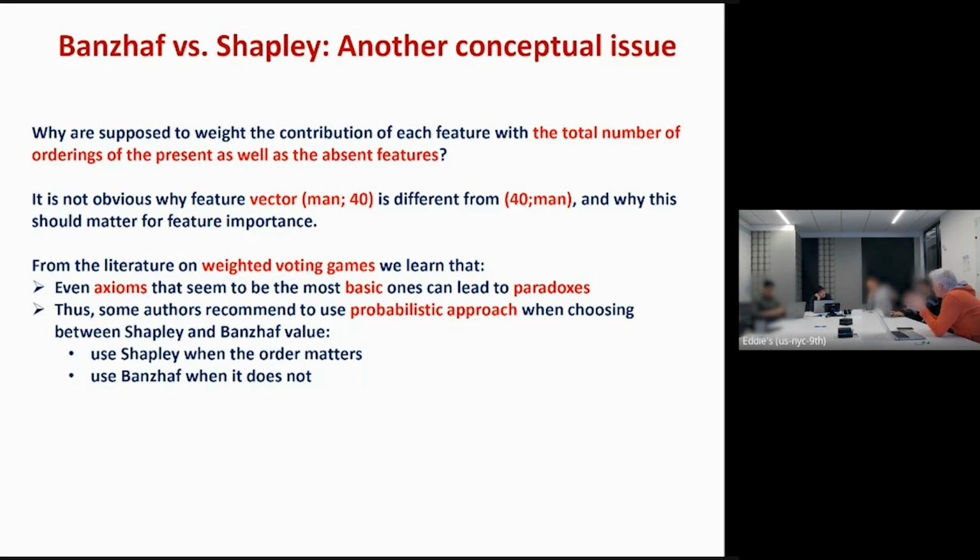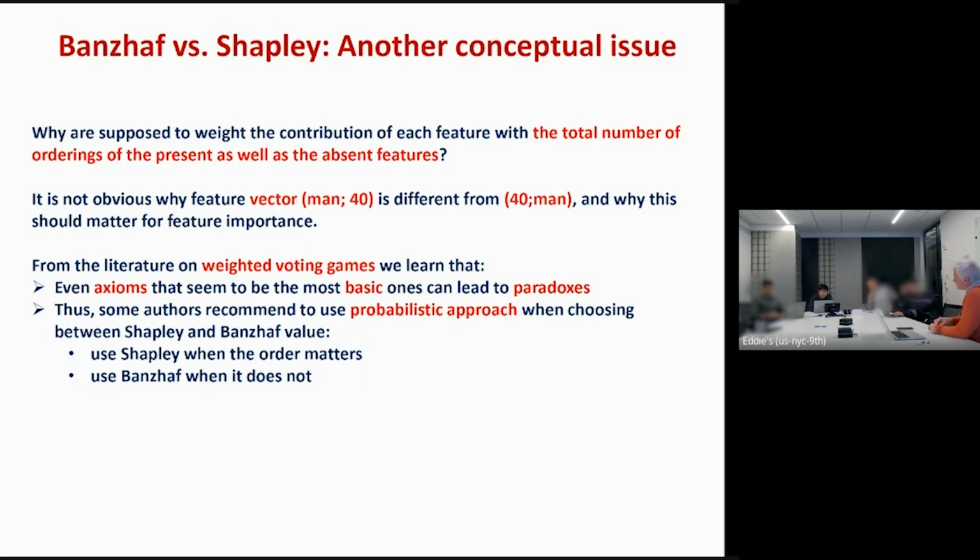It's more of a gut feeling than a strict thing. Essentially both things work very similarly. Is it true that when the order doesn't matter, these two values are similar? They are. In general they are similar, but if you consider specific games, the values are slightly different.